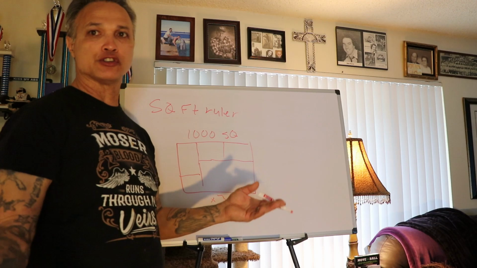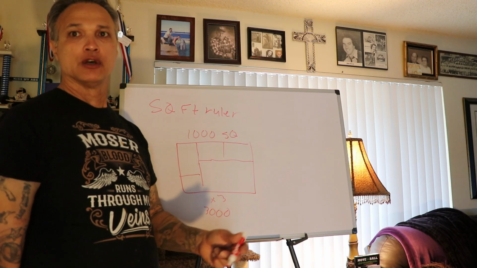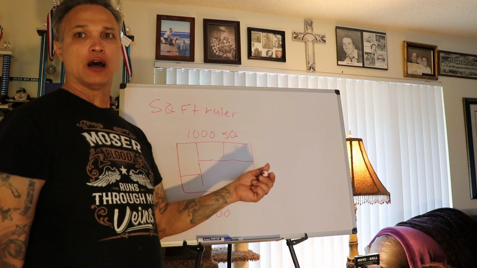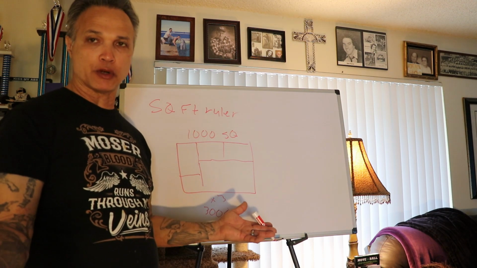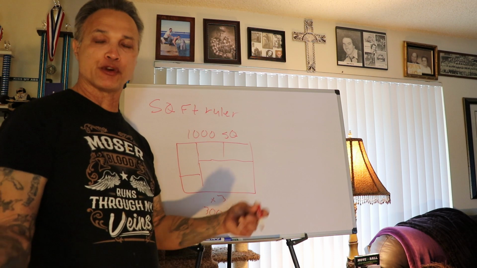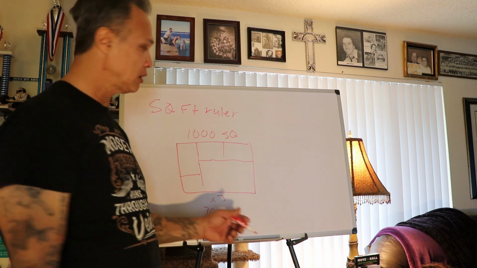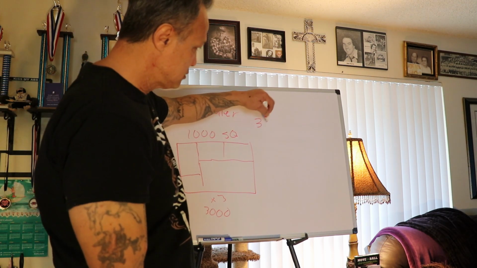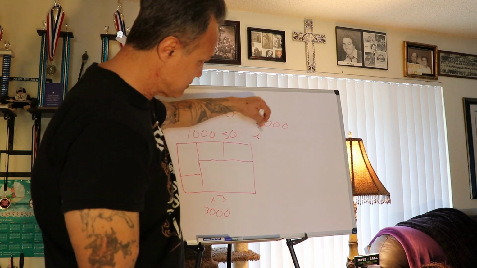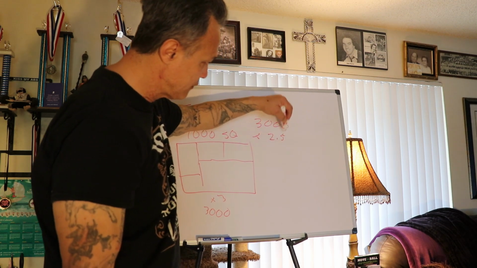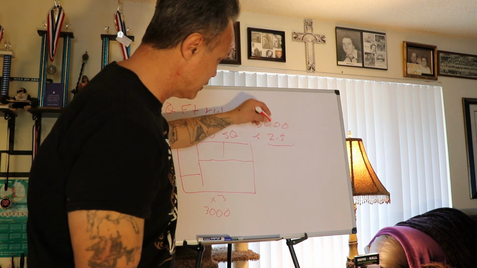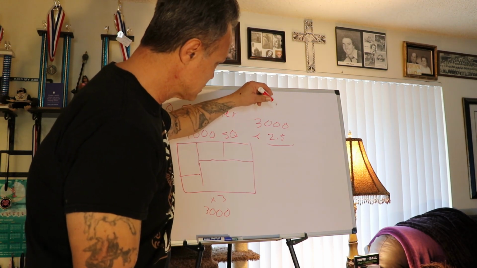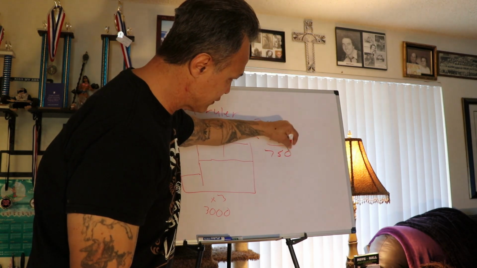And let's just say you're going to spray on some texture. So in that unit, because I charge, let's say $2.50 a square foot to spray some orange peel texture, okay? I take 3,000 square feet times $2.50 per square foot, and I come up with $7,500.